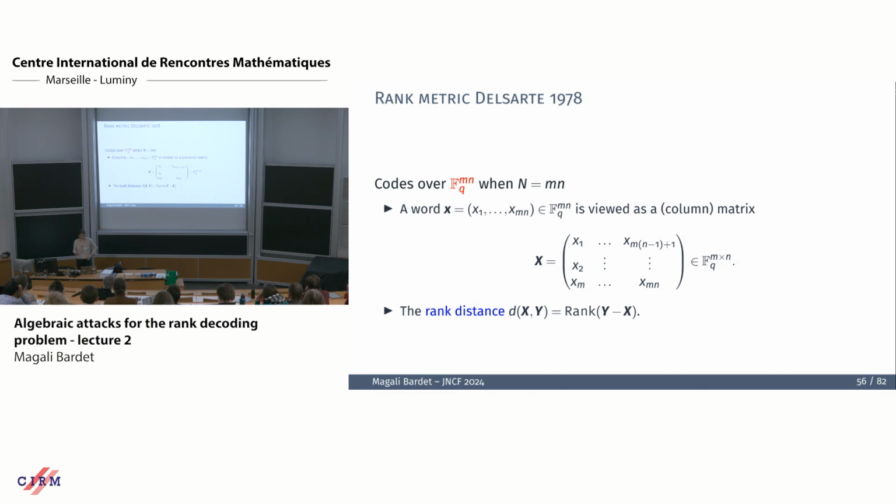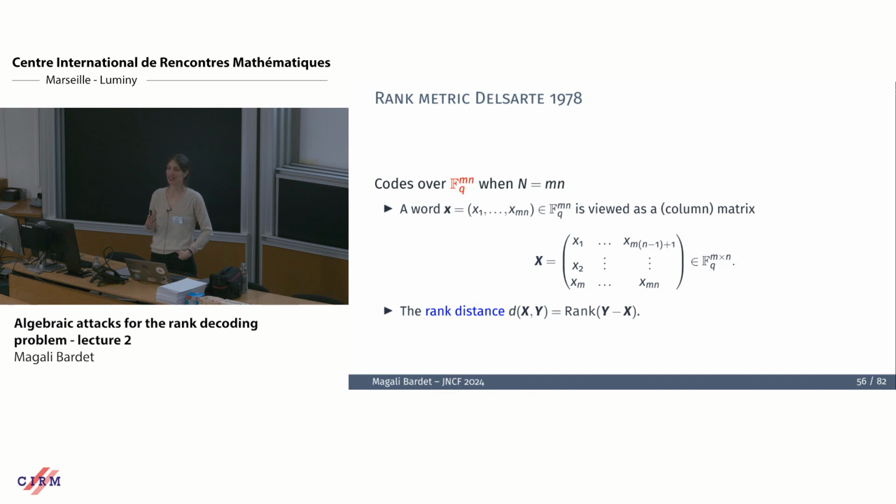And today I will take codes that use a different metric. It's called the rank metric. It was introduced by Delsarte. It applies to codes where the length of the code is the product of two integers. In this case, you have a vector of length m times n.